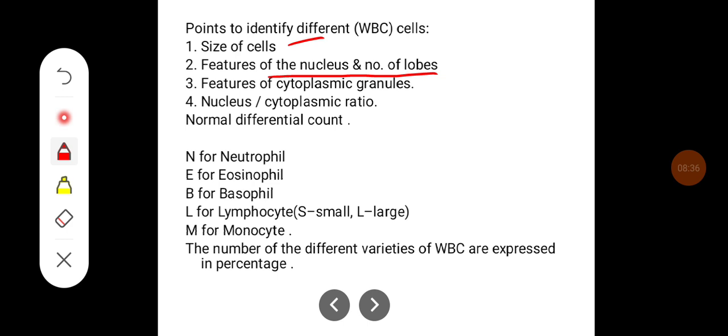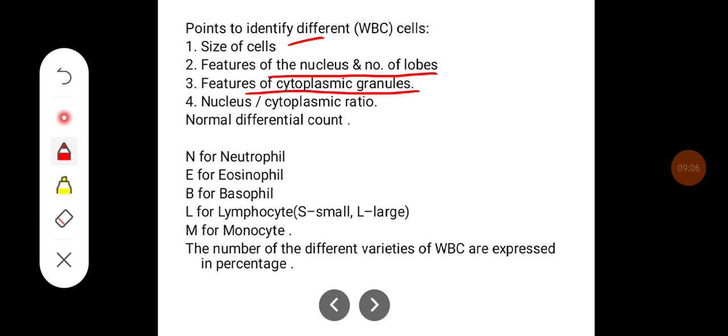Okay. So then, features of cytoplasmic granules. Neutrophils have granules which are fine, and they're both acidophilic and basophilic granules, whereas eosinophils, their granules are very coarse and they are basically eosinophilic granules, and the basophil granules are also very coarse and they are basophilic granules.